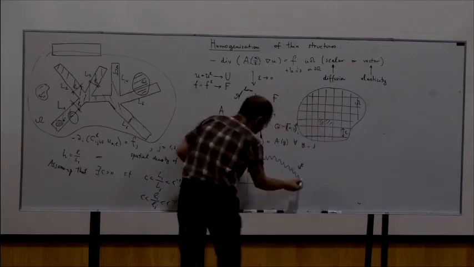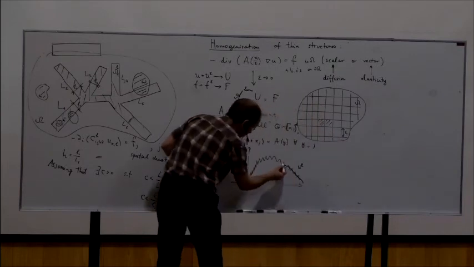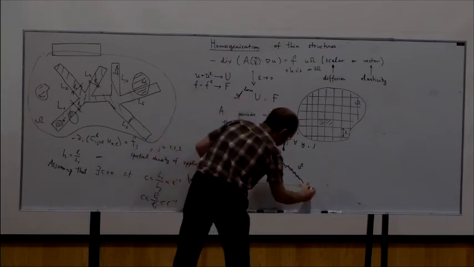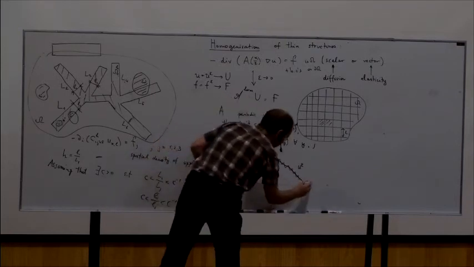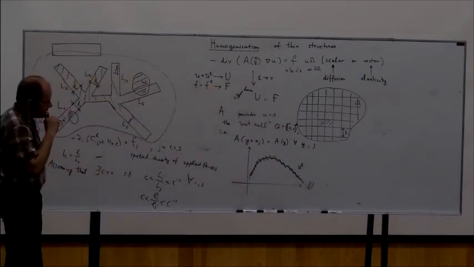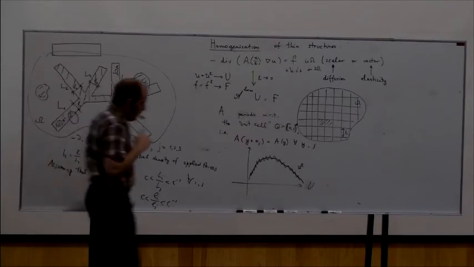So solutions U epsilon behave like this, look like this, and this kind of envelope, which I call capital U, right here, is what we're looking for.